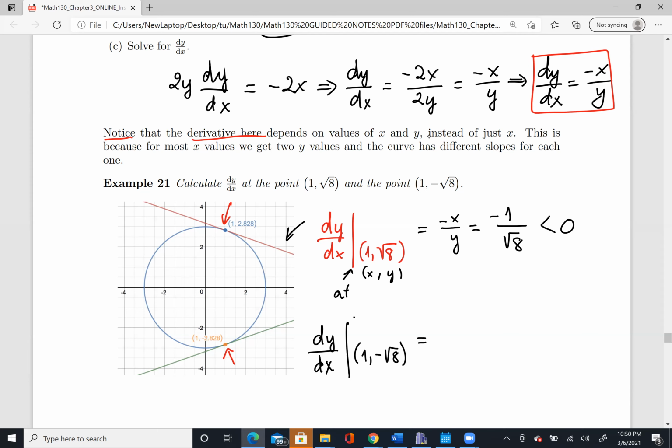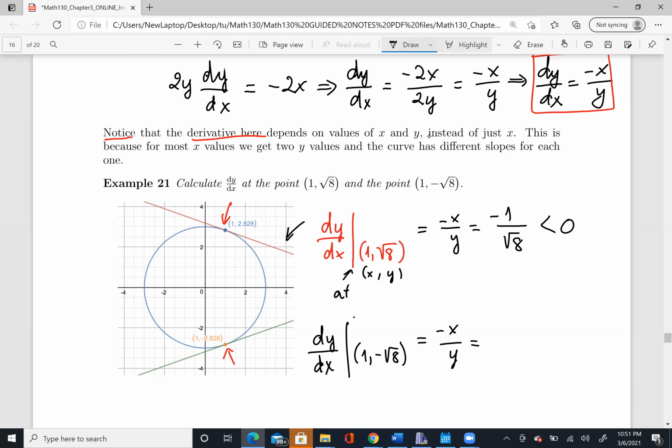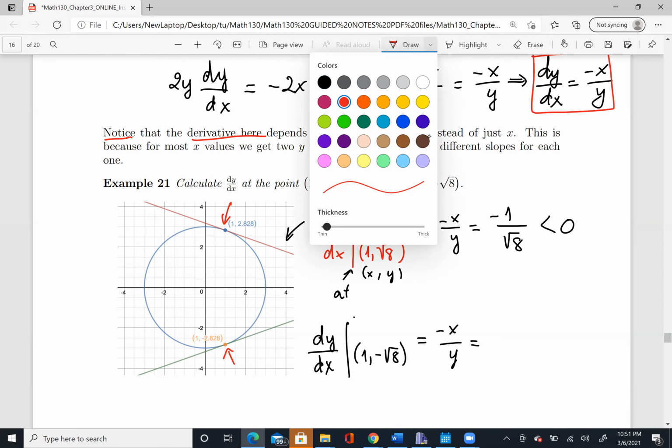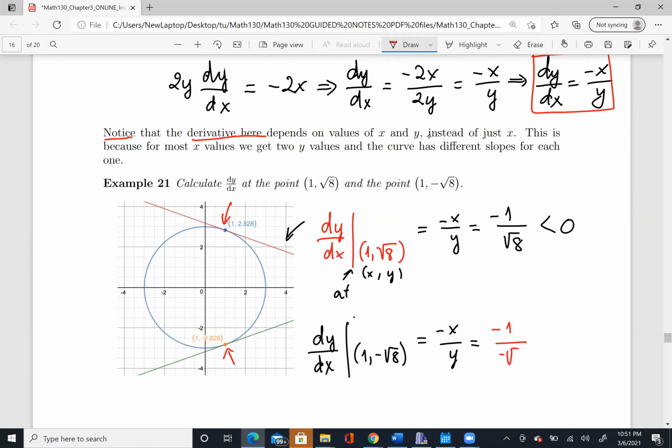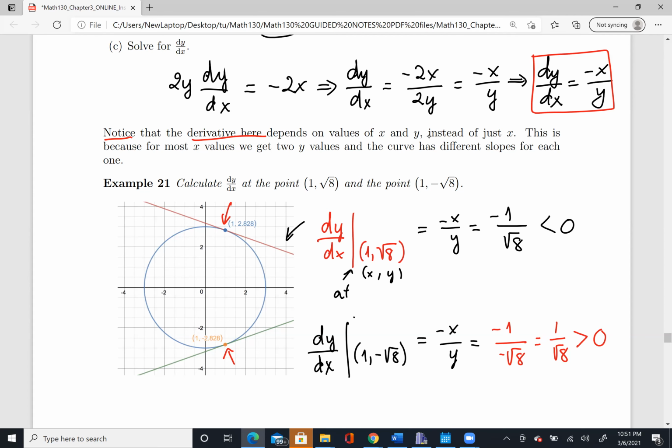That will be negative 1 over negative square root of 8, which equals 1 over square root of 8, and that should be greater than 0, because the tangent at (1, negative square root 8) is going up, so the slope has to be positive, right?